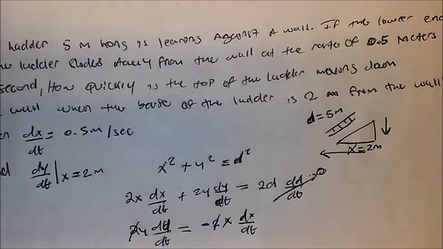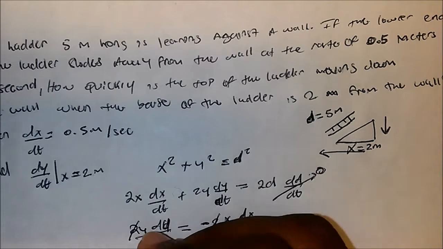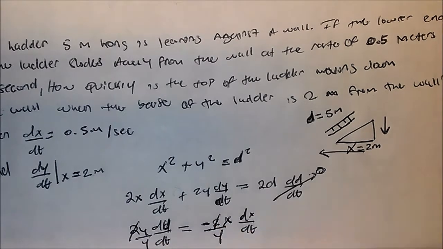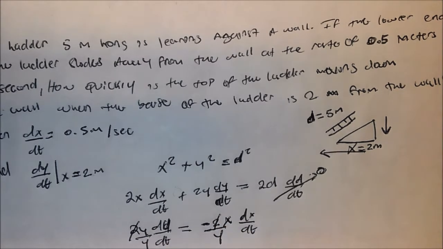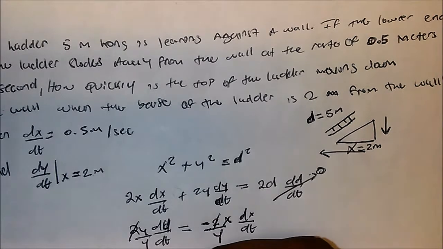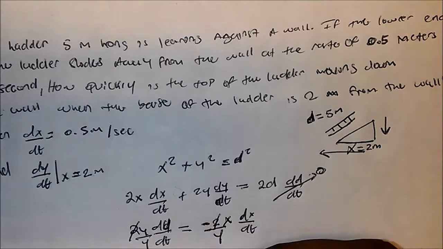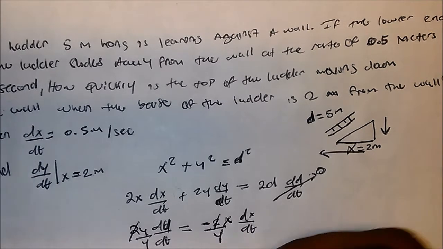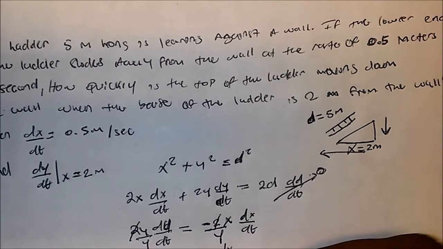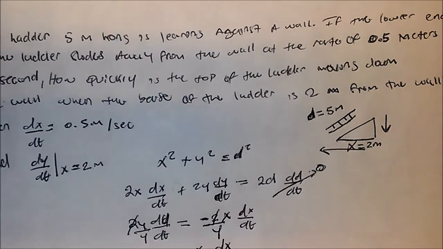Then we could divide by y on both sides, and dy dt will be isolated. This will now be x over y dx dt. Right? That will be x over y dx dt.